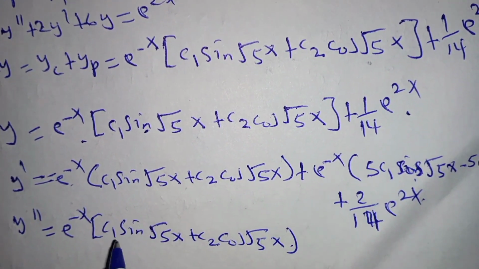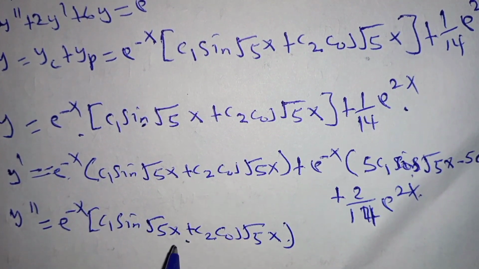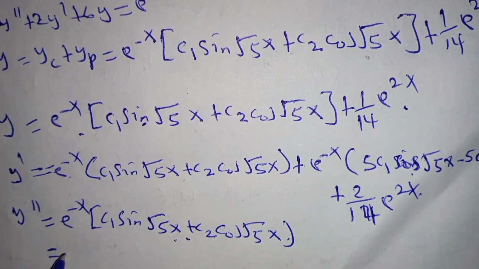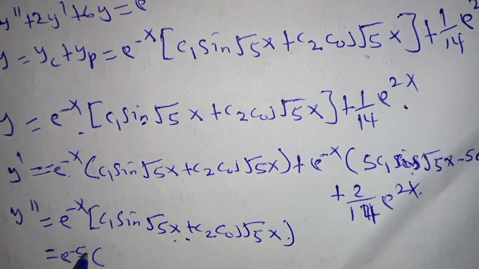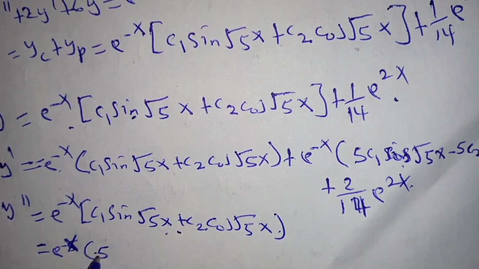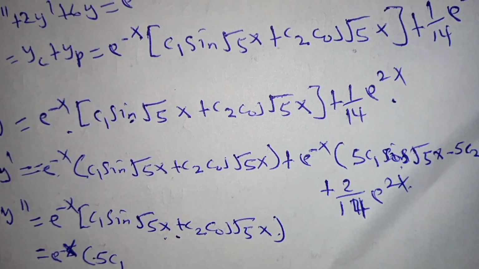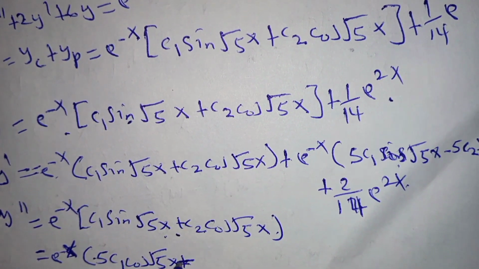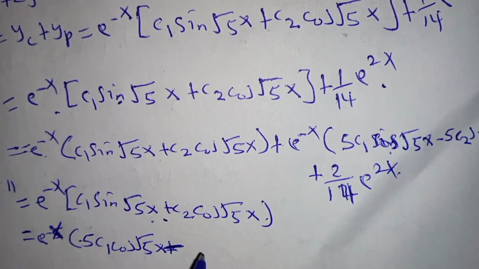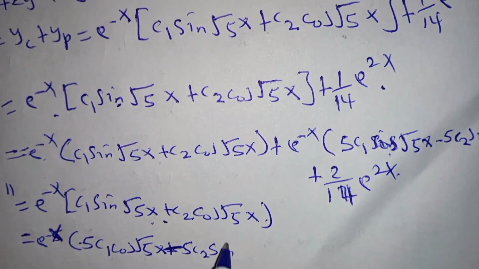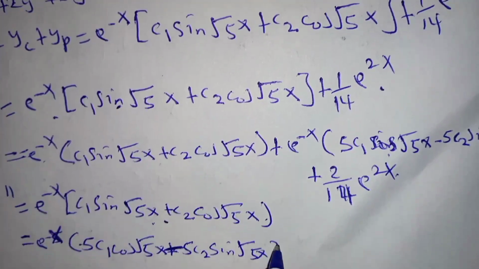You now differentiate whatever is inside here, this part, which will give you exponential negative x, into bracket root 5 c1 cos of root 5x, minus root 5 c2 sine of root of 5x.